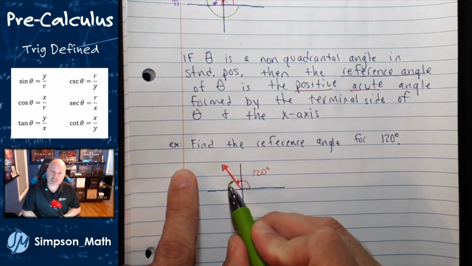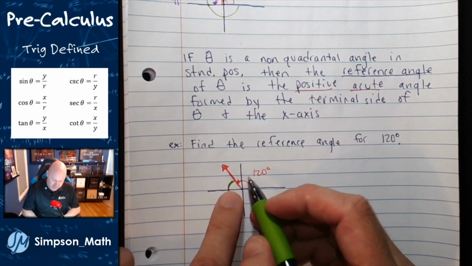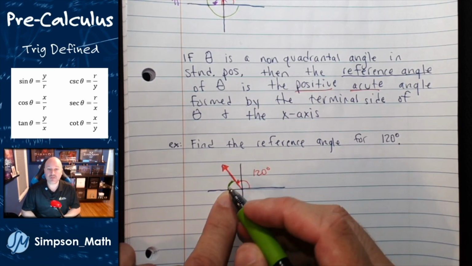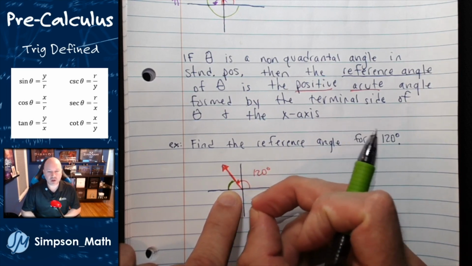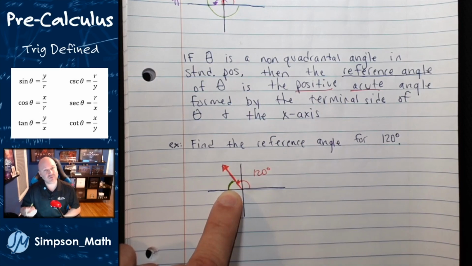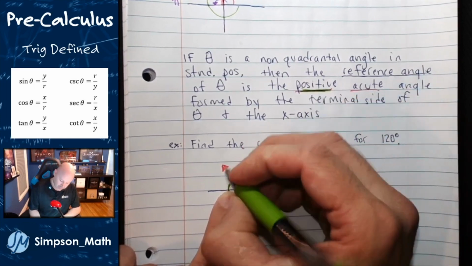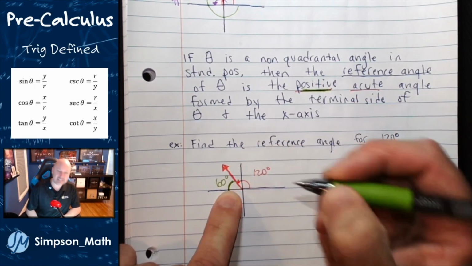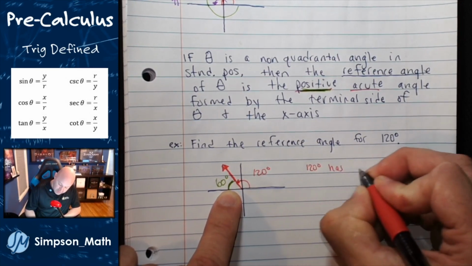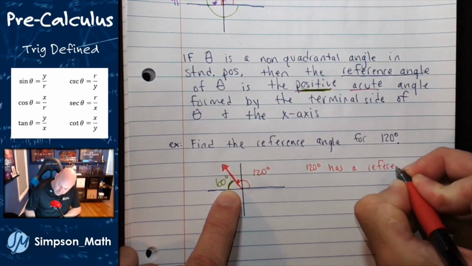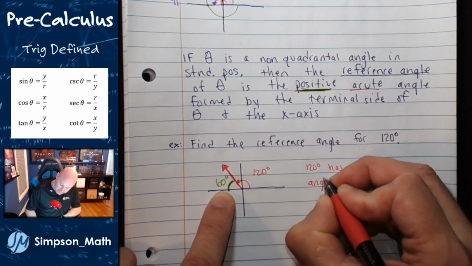This is the acute little angle formed by the terminal side and the x-axis. And I am going in a positive direction, so there's no debate here. But even if you're going clockwise, so you may think you're going in a negative direction, we will always talk about these reference angles as being positive. So this is a positive 60 degrees. 120 degrees has a reference angle of 60 degrees.